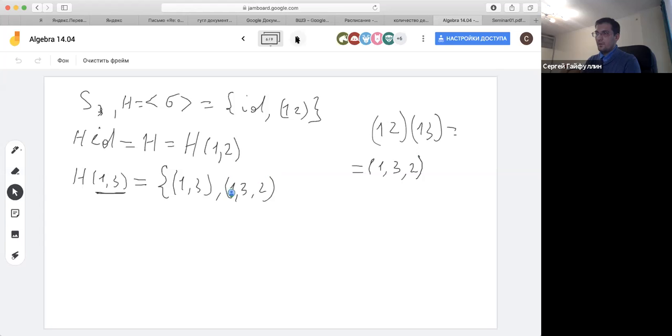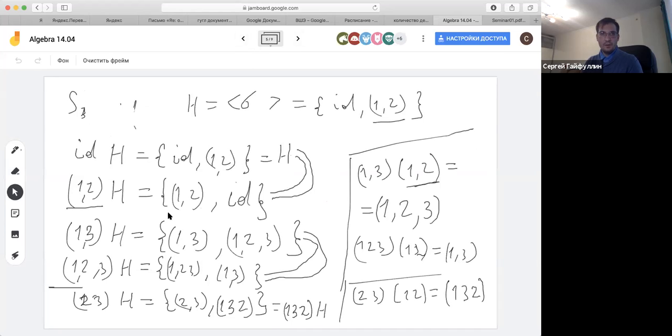And of course, these right cassettes coincide with h multiplied by 132. And here is the difference, because let us see the left cassette of 1,3.